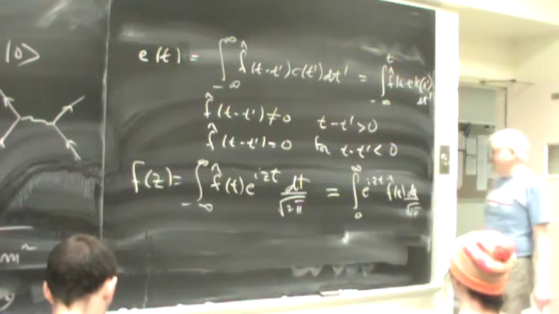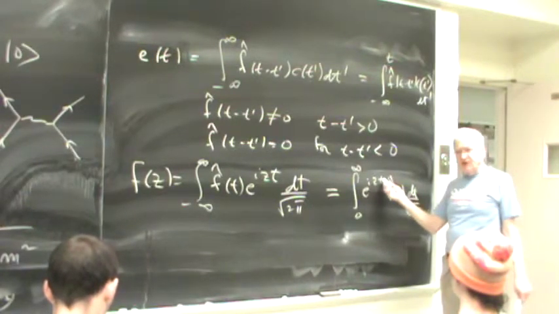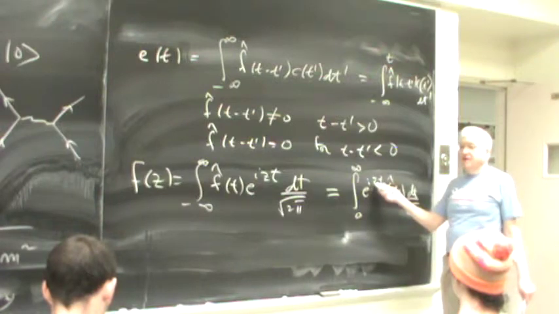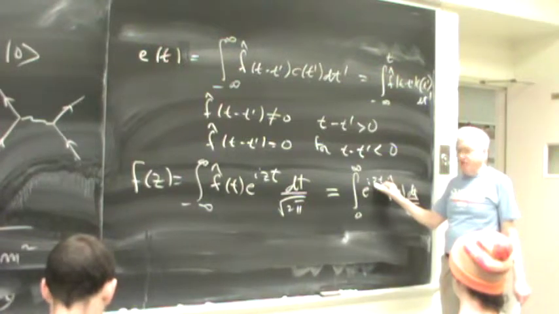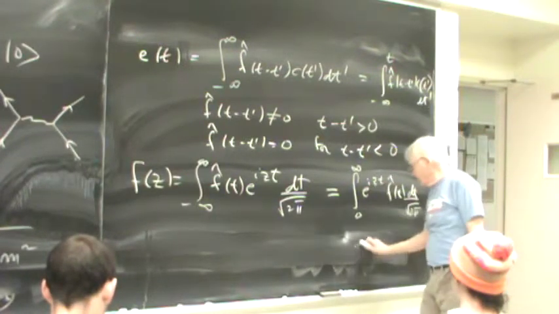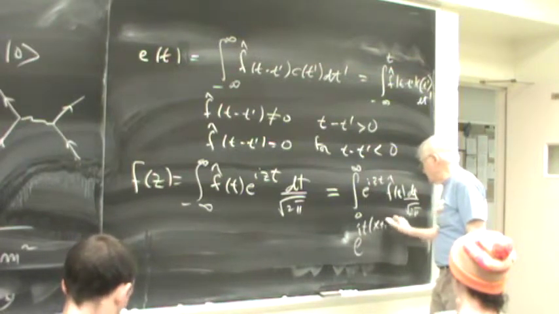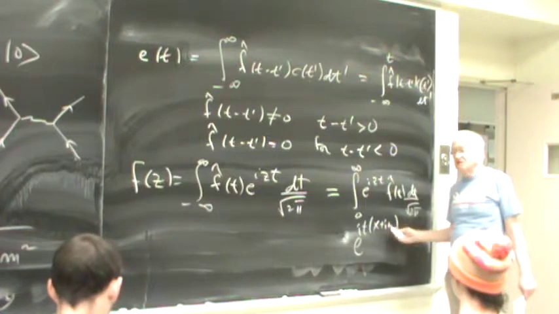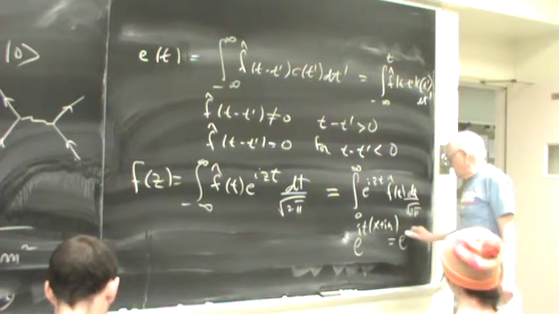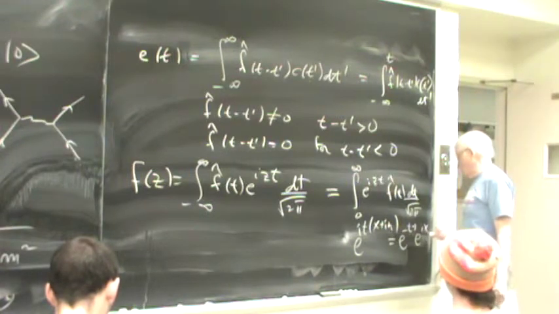And now what does this tell us? This tells us that since t is always positive, this e to the I z is damped when z has a positive imaginary part. So then you have e to the I t x plus I y. So if y is positive, you have minus ty. So this is e to the minus ty e to the I x t.